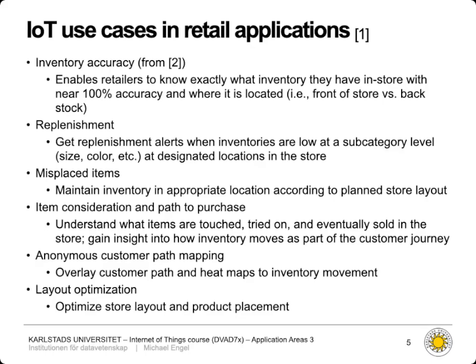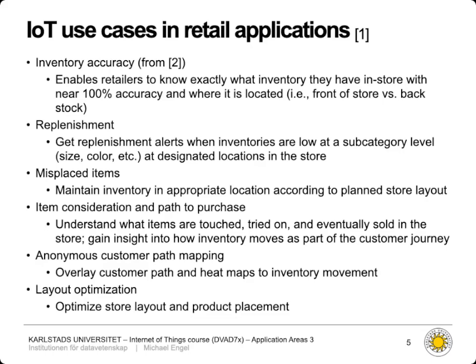So people obviously taking things without paying for them, and in consequence, these are not registered in the cash desk, so you don't have this information in your online system. So inventory accuracy is very important to figure out your theft rate, to figure out how many things might break, and of course also how many of your things you're actually going to sell.